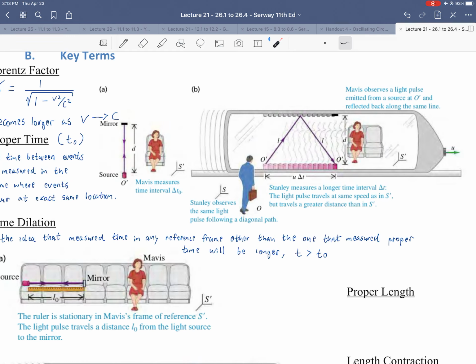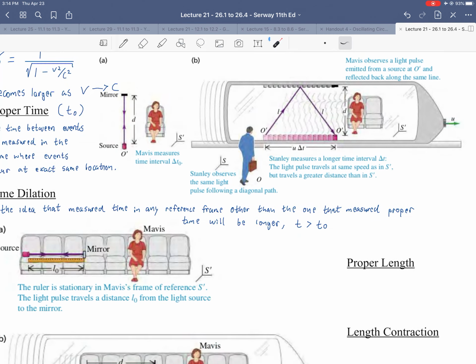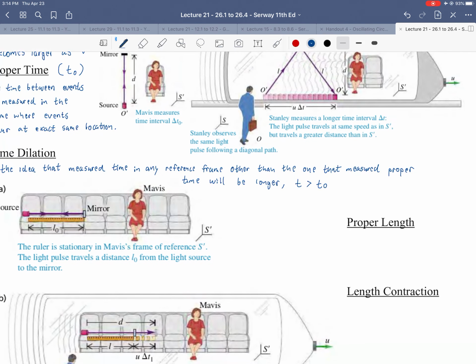So he might say that it took, let's say, 2 nanoseconds for the light to be sent from the sensor and get back to the sensor. Mavis says 1 nanosecond, okay? All right, so there you go. That's a thought experiment that shows that time is relative and that the proper time will always be the smaller time.